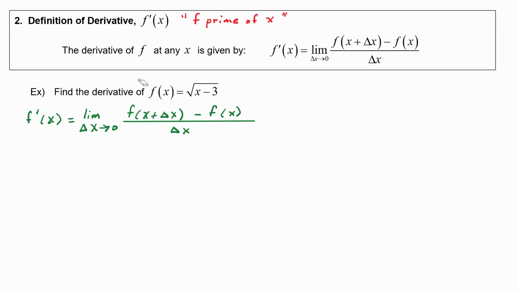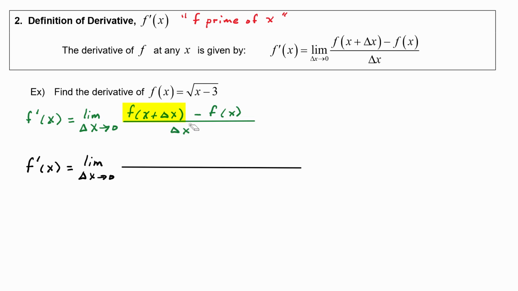So then for this f of x equals radical x minus 3, f prime of x is going to equal the limit as delta x goes to 0.